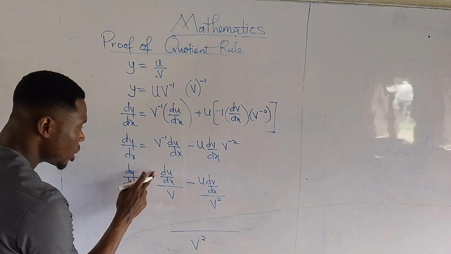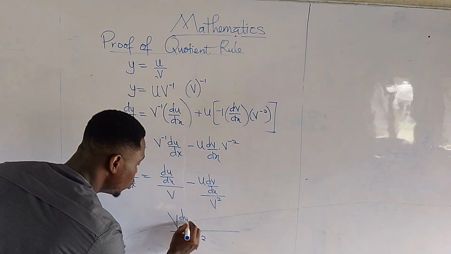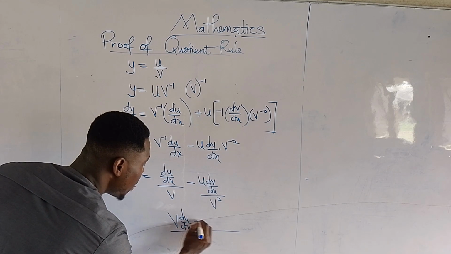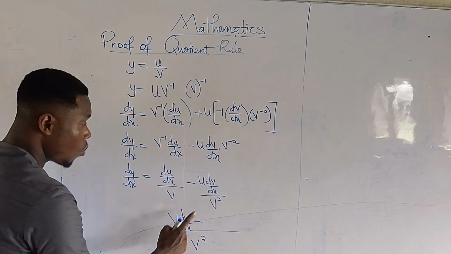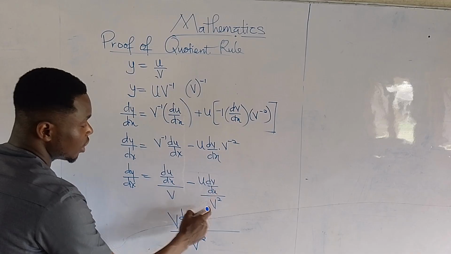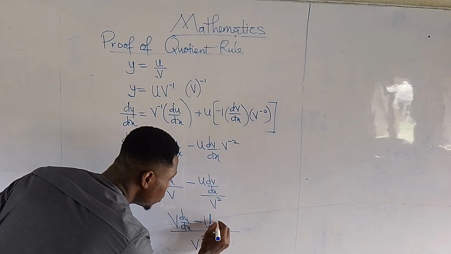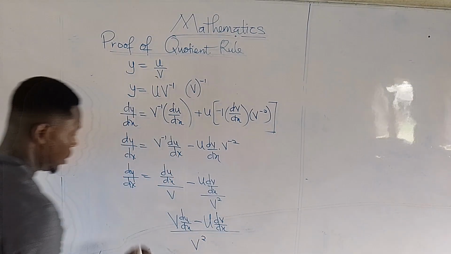So that v will be multiplying this. So we have v multiplying du over dx minus, v squared will go into v squared 1 times the whole of the numerator, u multiplying dv over dx. It will give us the same thing, u dv over dx.